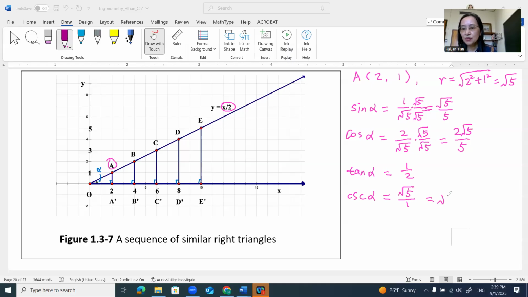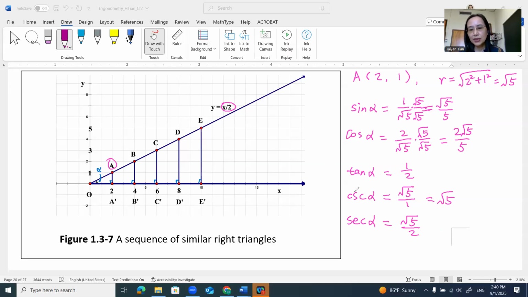So the final answer is simply square root of 5. And secant alpha. Secant alpha is r over x. X is 2. So we don't need to reduce it. That's square root of 5 over 2.